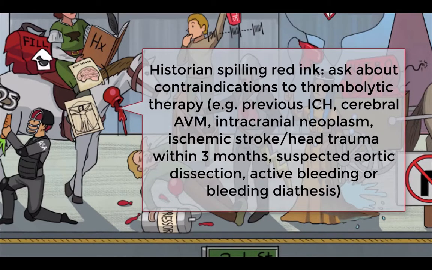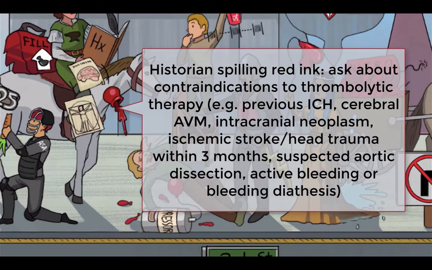Absolute contraindications to thrombolytic therapy include anything that could increase the risk of the patient hemorrhaging, especially intracranially. This includes a history of prior intracranial hemorrhage, known AV malformations, intracranial neoplasms, or in the last 3 months have had an ischemic stroke or head trauma.